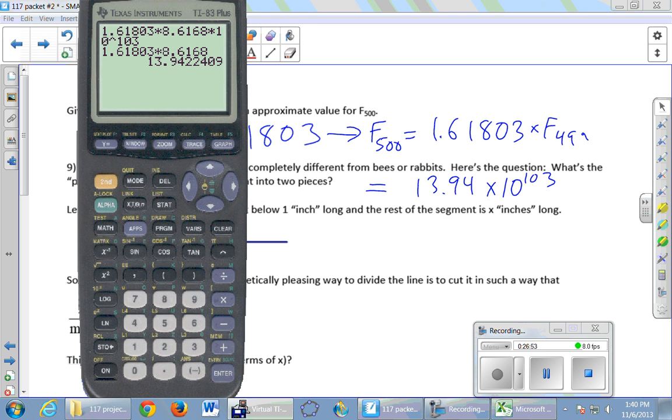And just to make sure we believe that, go back in your chart. What was the 19th Fibonacci number? How much? 4181. I'm going to take 4181, a single Fibonacci number. I'm going to multiply by this magical golden ratio, and I'm going to get something really close to the next Fibonacci number.